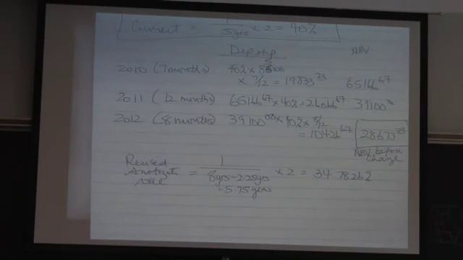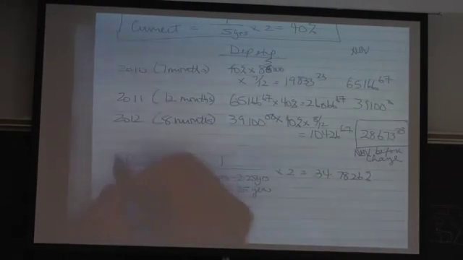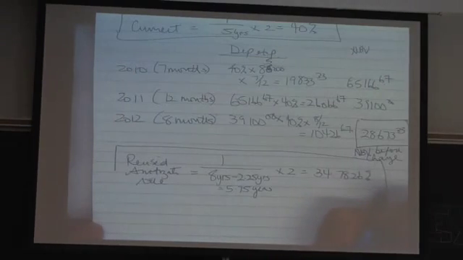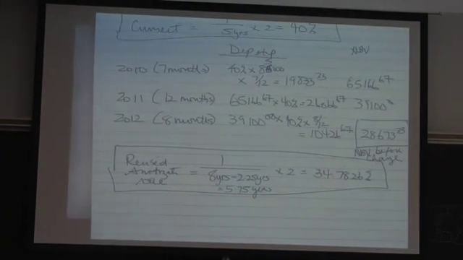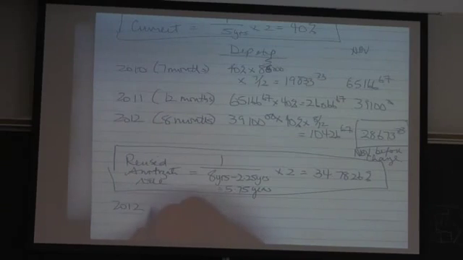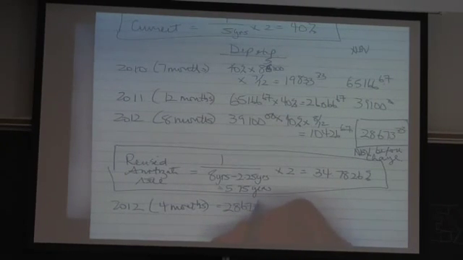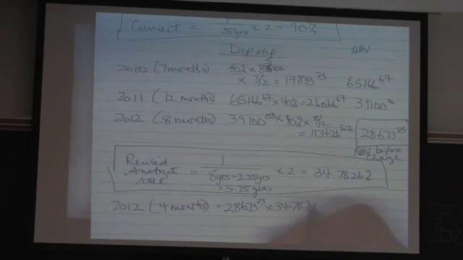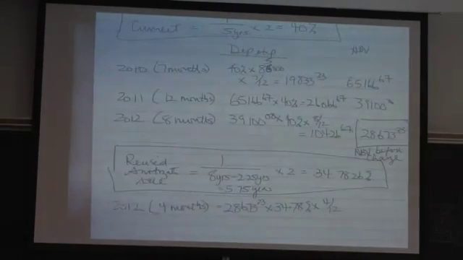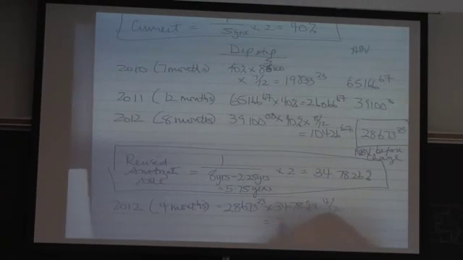So now we're going to use that as the new rate to amortize or to depreciate the asset. So for 2012, for the remaining 4 months, we're going to take a look at the net book value prior to the change, 28,673.33 times 34.78% times 4 over 12. That's the amortization for the remaining 4 months to give us 3,324.44.